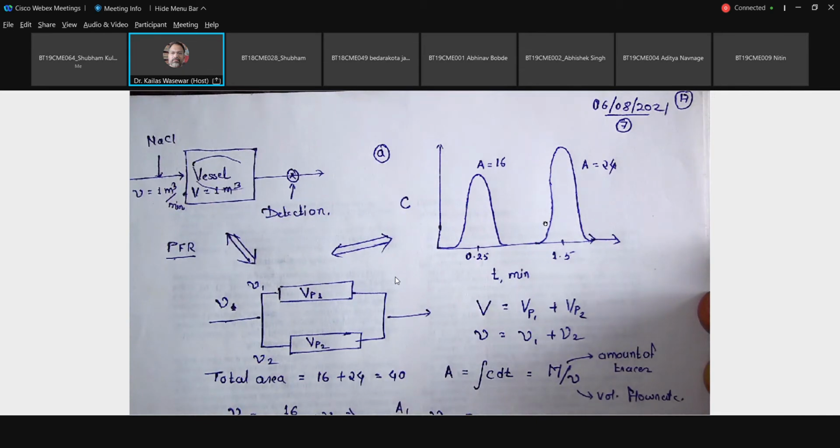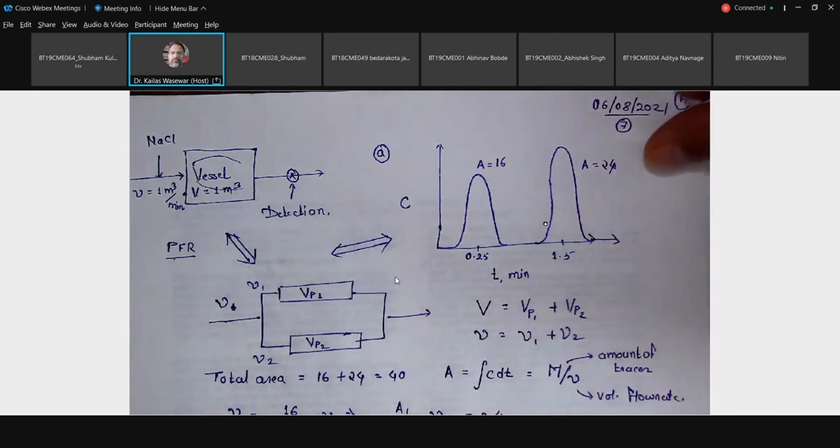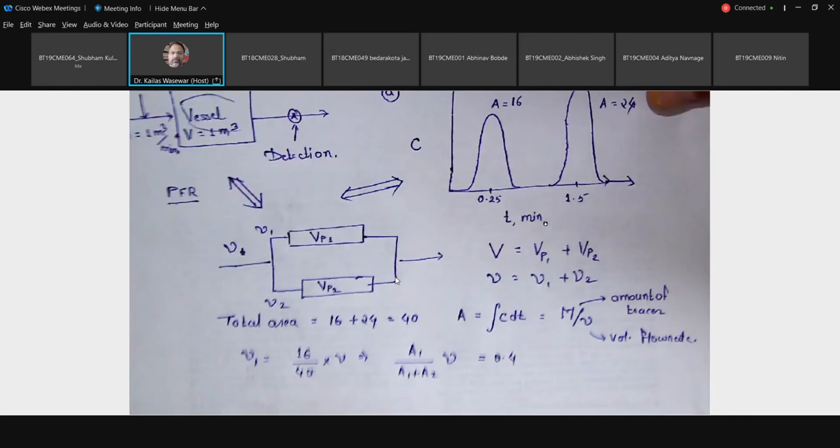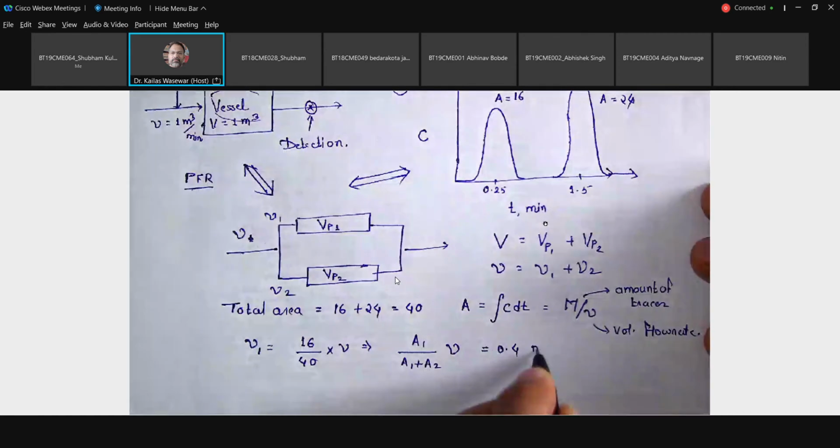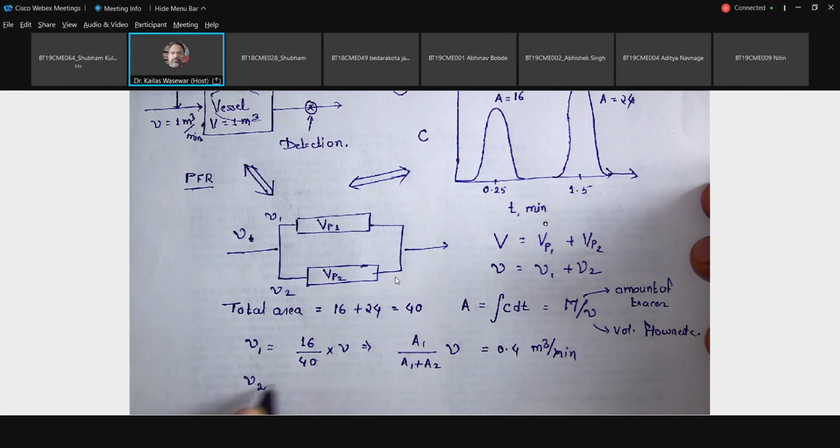So it will become 0.4 meter cube per minute. Similarly, v2 will be the same way, or simply 1 minus 0.4, it will give 0.6 meter cube per minute.